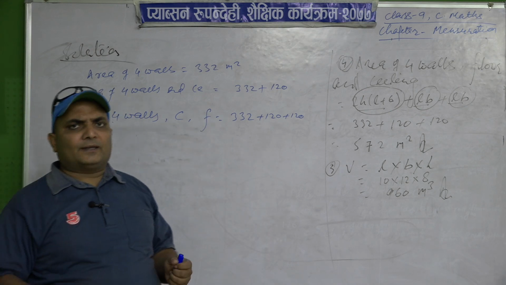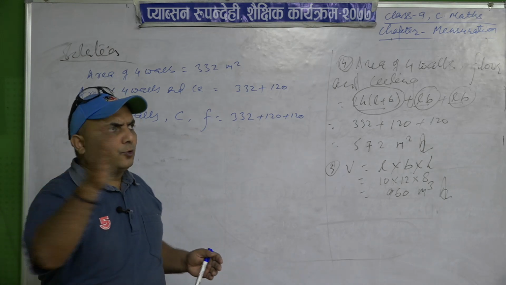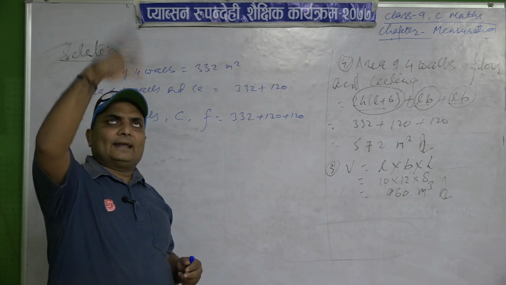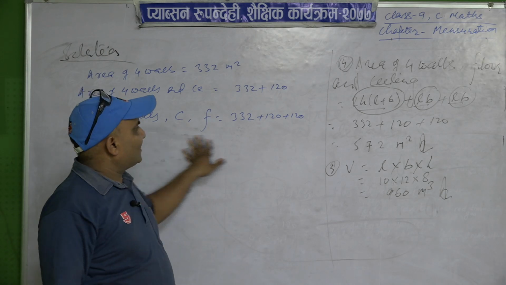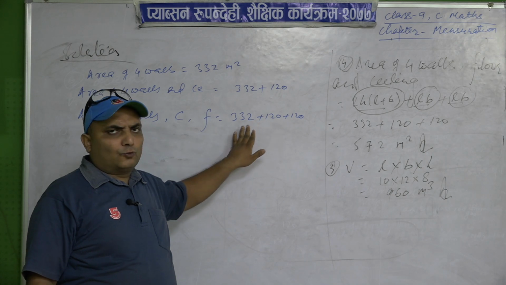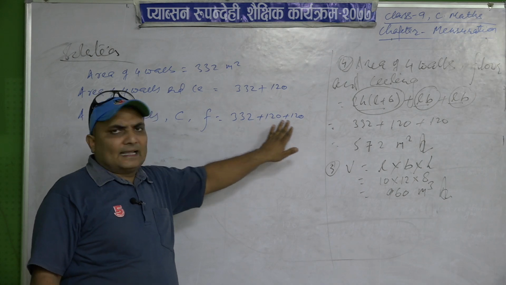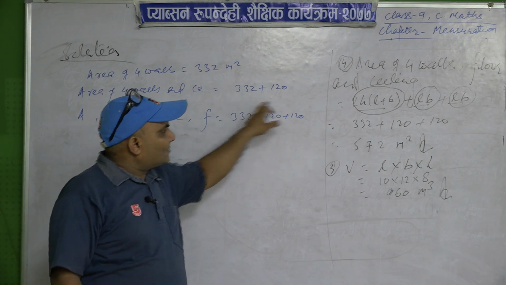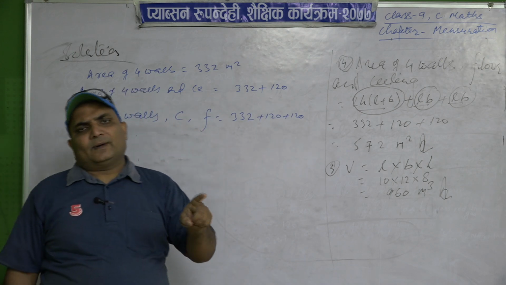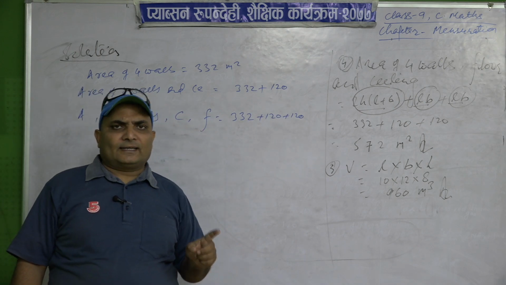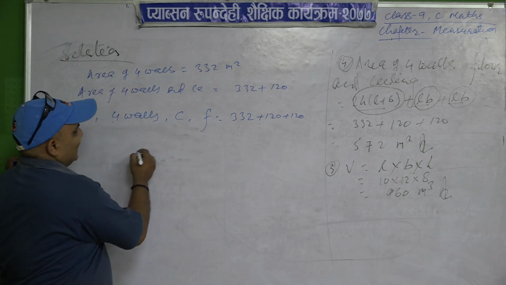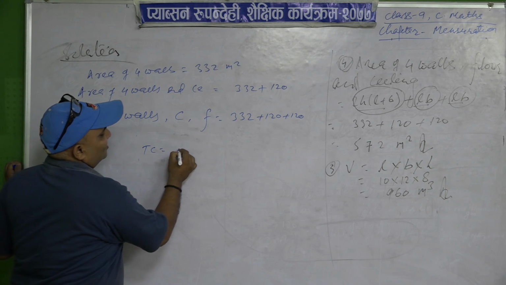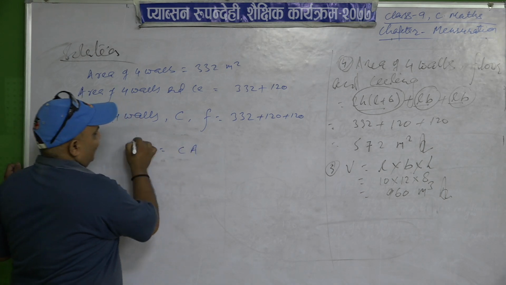Suppose we have to paint or plaster in 4 walls, floor and ceiling, then we have to find out the area of 4 walls, ceiling and floor, and this total area is multiplied by the cost per unit or rate, then we will get the total cost. So simply we can say that TC, total cost, is equal to CA.